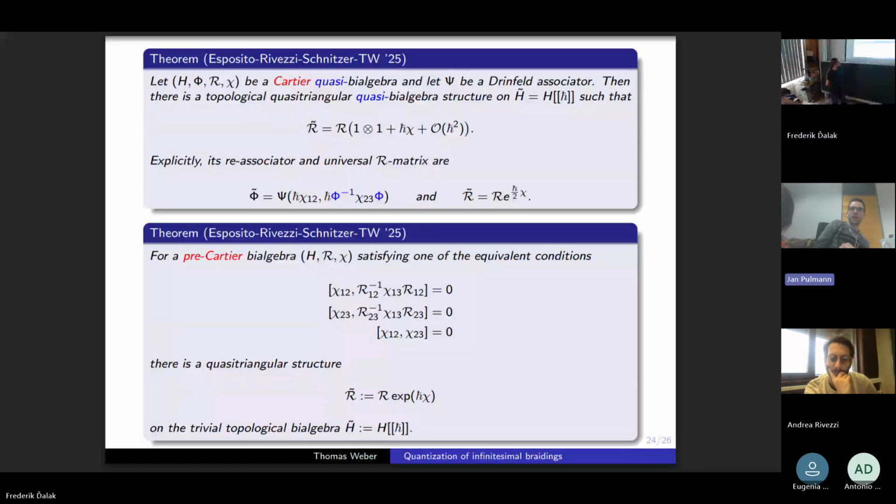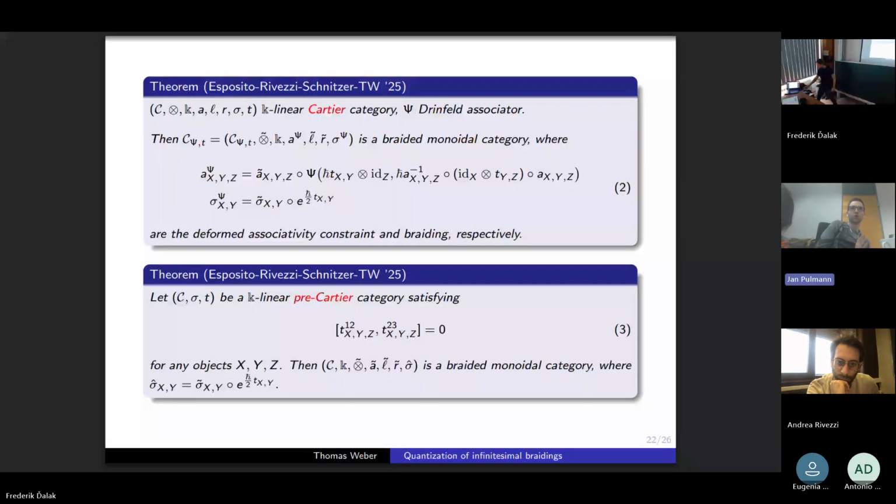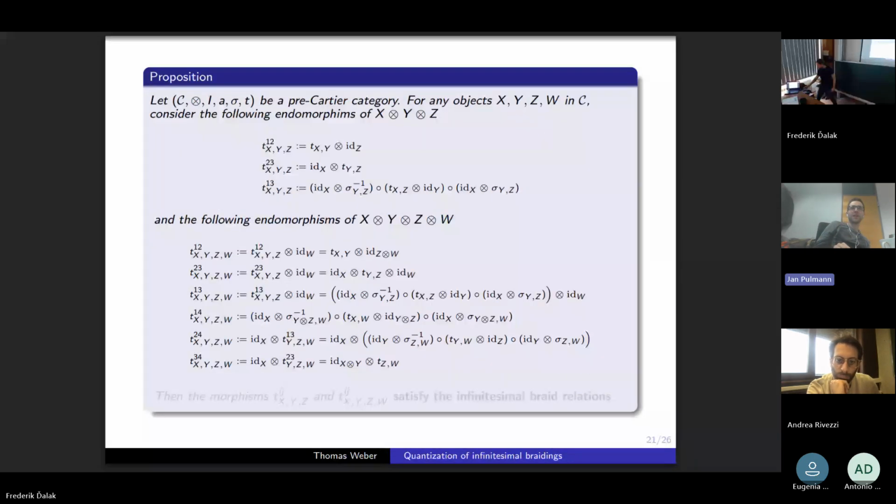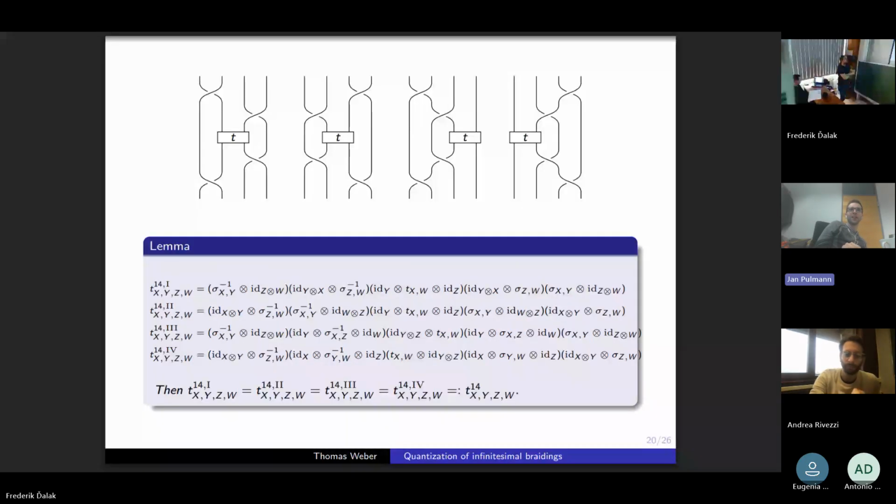Okay, and so can I ask one more question? Sure. When you define these infinitesimal braidings with multiple indices like chi 1,3 or so, because you are now in a braided setting, you have to choose how to braid those strands together, and then you show that some of them are equal. But is there a principle one should have in mind, as you go all the way over from the left?